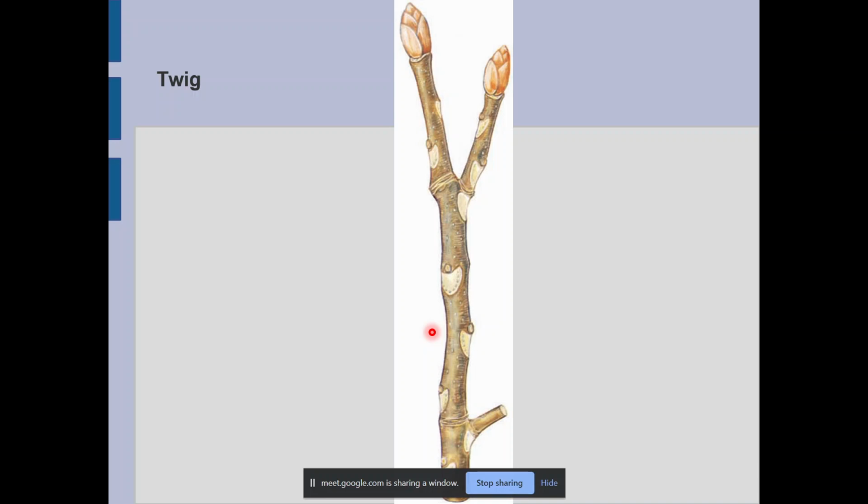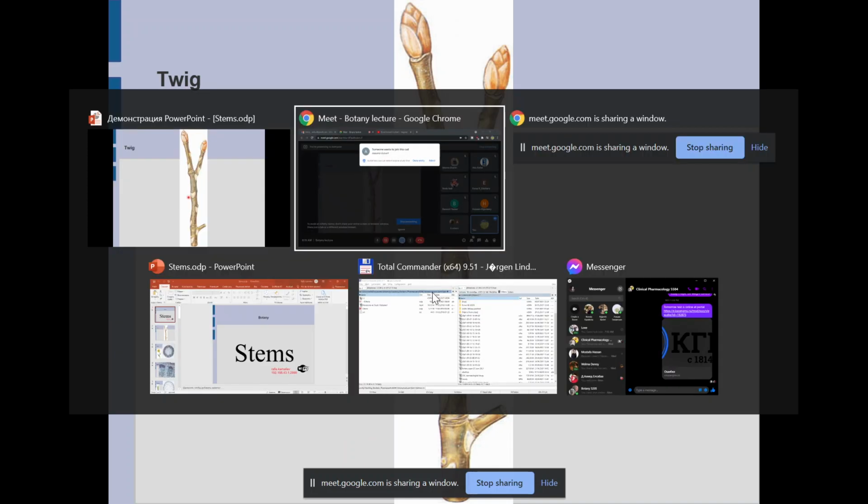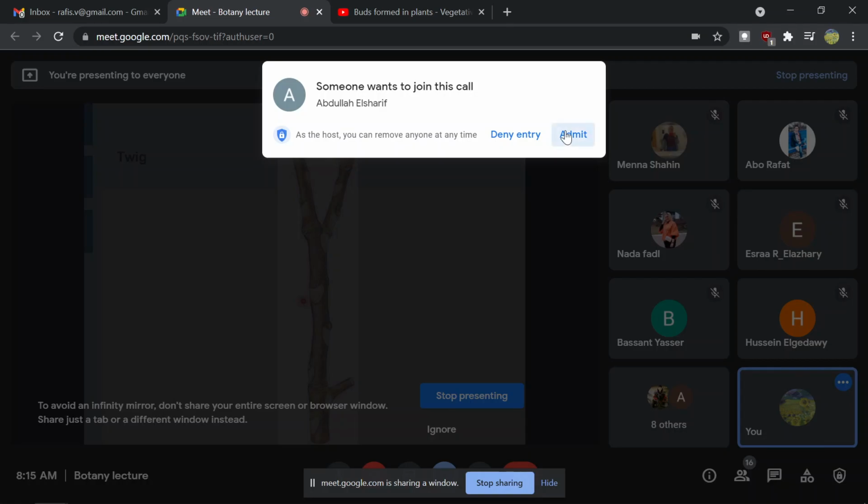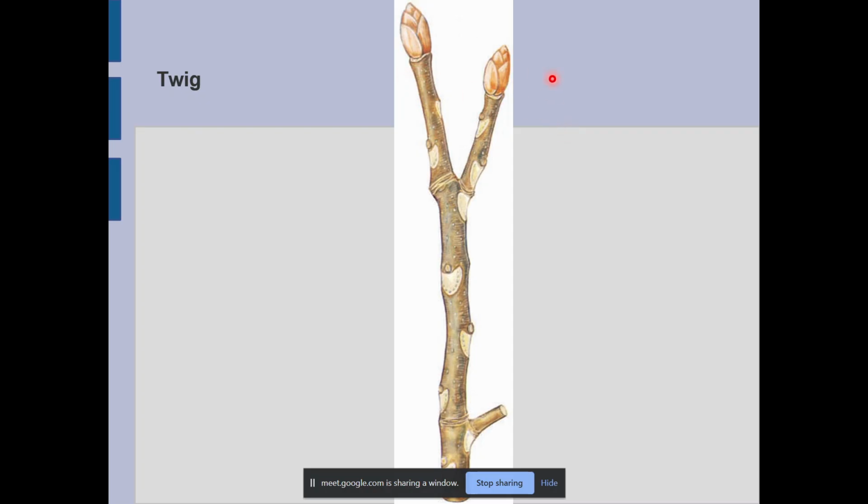There are many different kinds of stems, but most of them look like this twig, and this twig has buds, and this is a terminal bud.